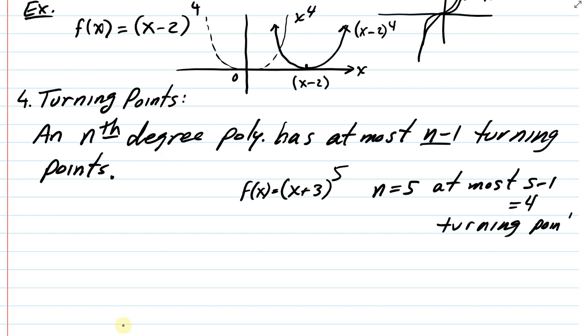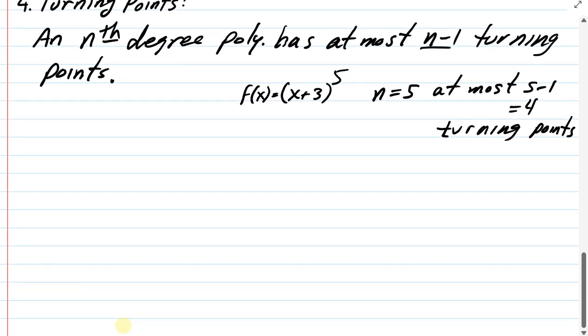It doesn't have to, but it could have at most no more than that. If I graph this one, quite likely the graph is going to look like what I'm about to draw. And there you have it. This would be the graph of x plus 3 to the 5th.